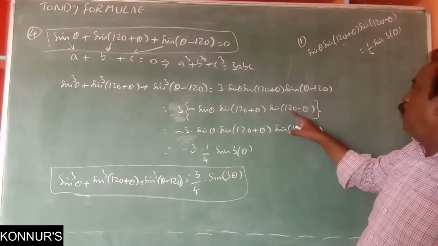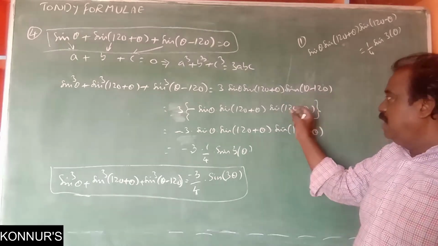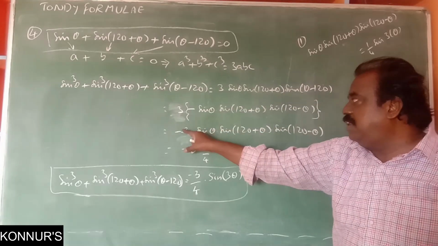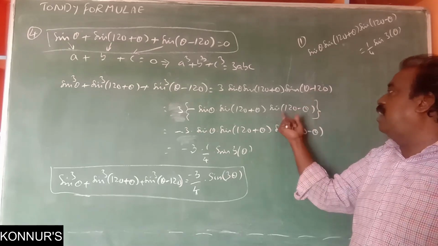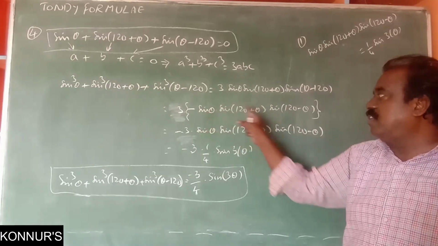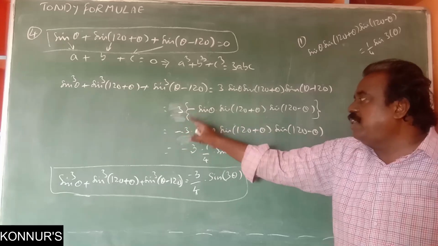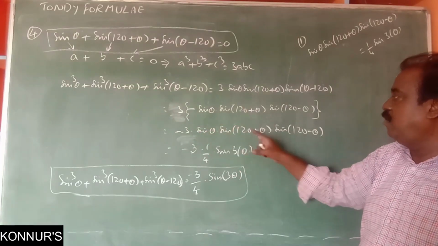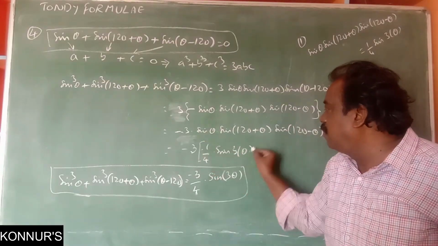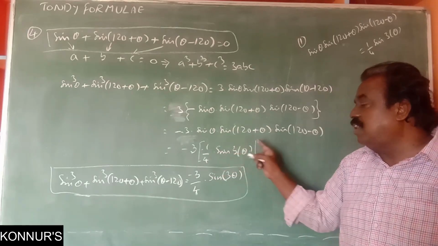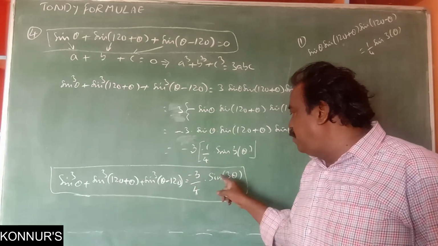In order to get 120 minus theta, it is interchanged. We get a minus, since sin of minus something is minus sin of something. So in order to write this, I take a minus. Now 3 into minus is minus 3. Sin theta, sin 120 plus theta, sin 120 minus theta by using this formula is 1 by 4 sin 3 theta. That is minus 3 into 1 by 4, minus 3 by 4 sin 3 theta.